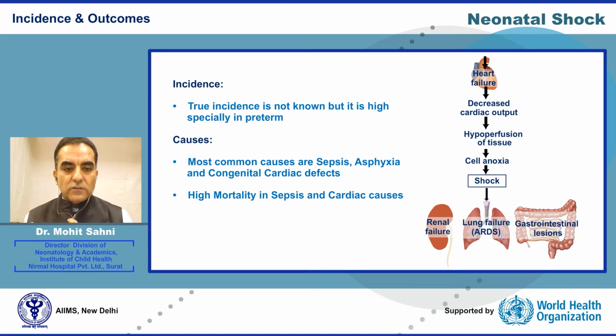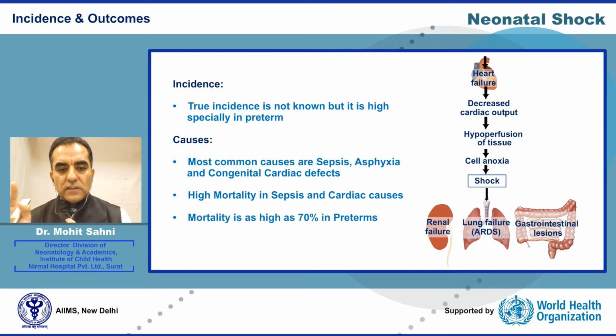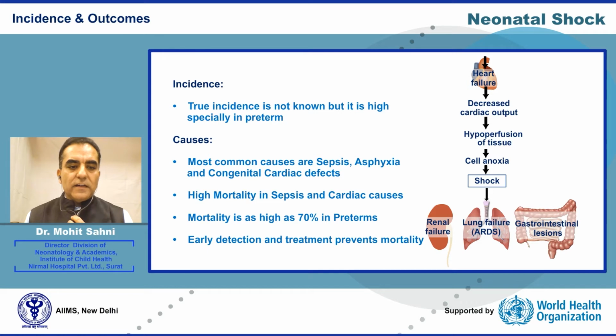The mortality is pretty high in preterm babies, more than around 70%. The mortality is also high if the etiology is sepsis or congenital cardiac disease. The earlier we detect and manage shock, the more we can prevent mortality, and the outcome will be much better.